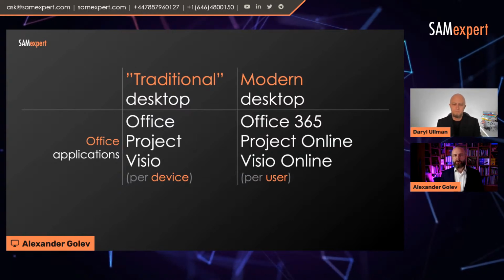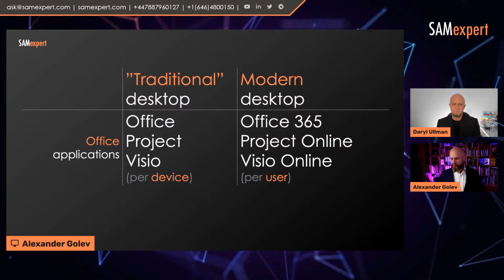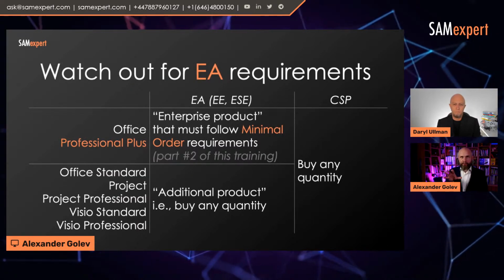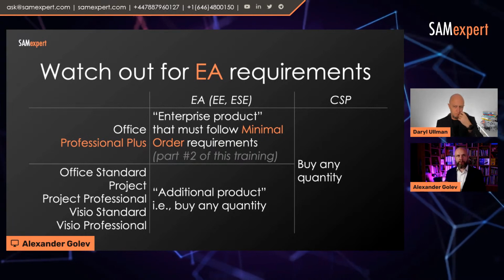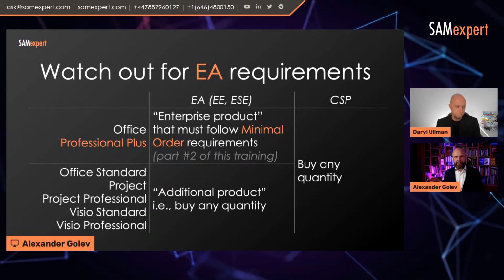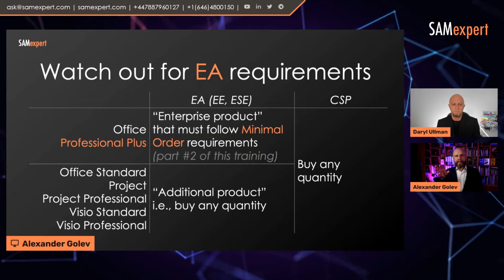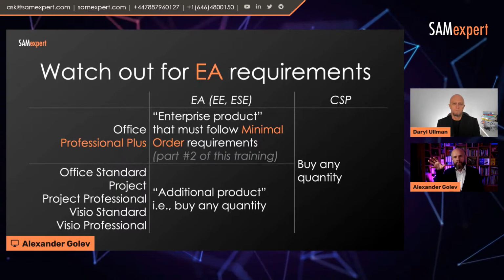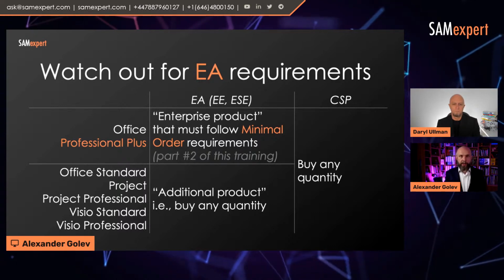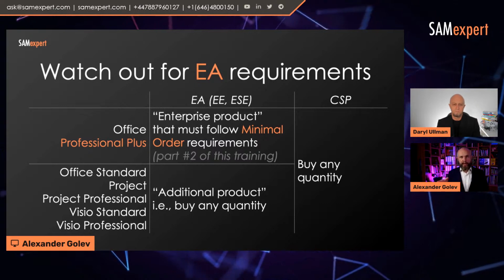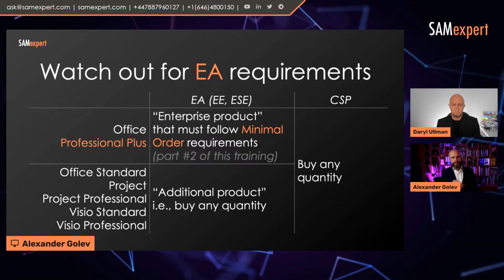For the modern desktop, we're talking about the online equivalents of the same licenses. So again, watch out for enterprise agreement requirements. If you buy Office Professional Plus, not any other products, just Office Professional Plus, that's an enterprise product, and you must follow the rules of the minimum order requirements. You can't buy fewer. If you want to buy fewer, use a different licensing agreement. So that is the traditional Office Professional Plus.